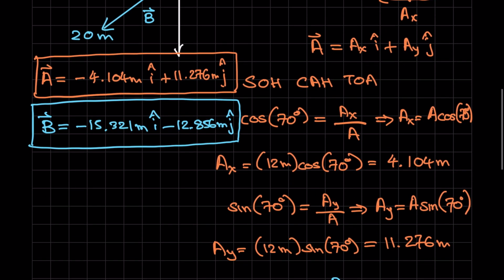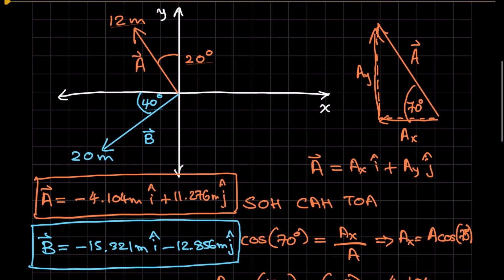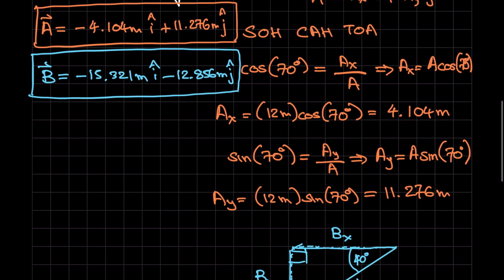Okay, so the objective was to add these two together, A and B. Let's see if we can do that now, since we have the component forms.